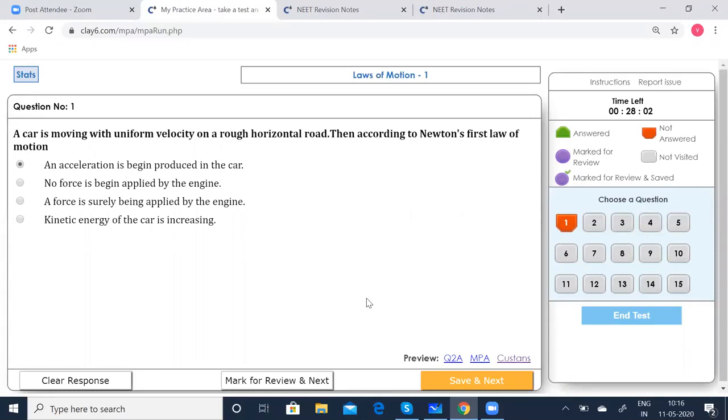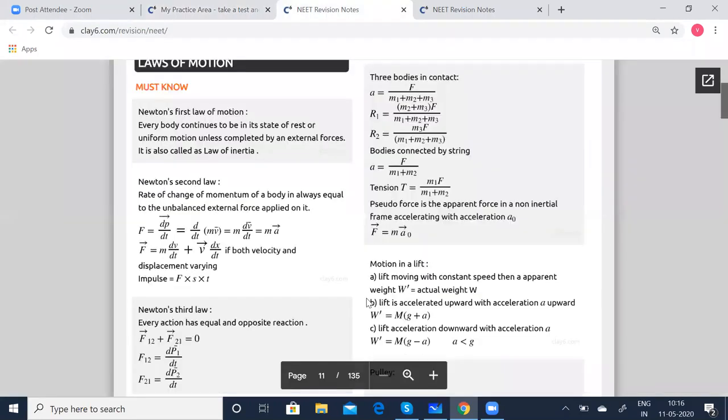A body continues in its state of rest or uniform motion along a straight line unless it is acted upon by an external force. It is also called the law of inertia.